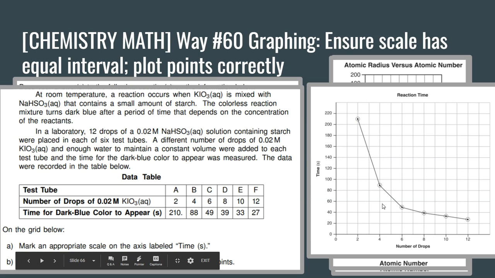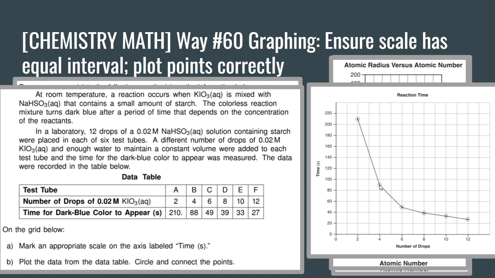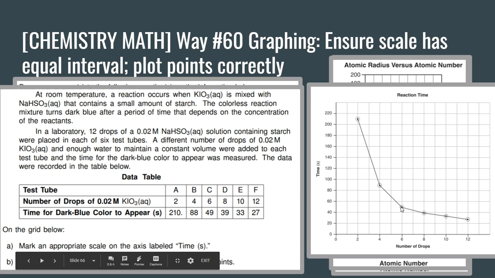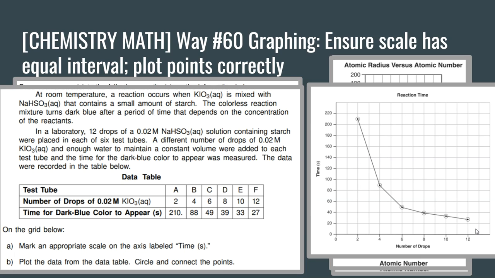For 4 drops, you have about 88, which is roughly between 80 and 100, but slightly closer to 80. At 6 drops, you have 49, which is roughly halfway. And then you just plot the rest of the points, circle them and connect them. And you'll see that the time is decreasing the more drops that you add.